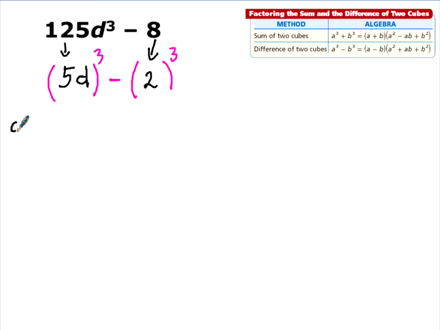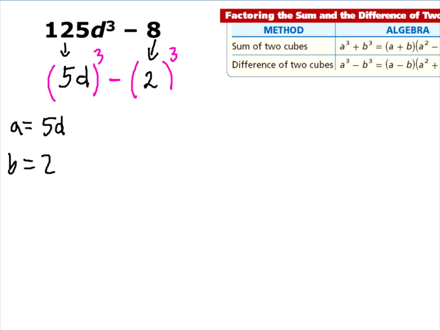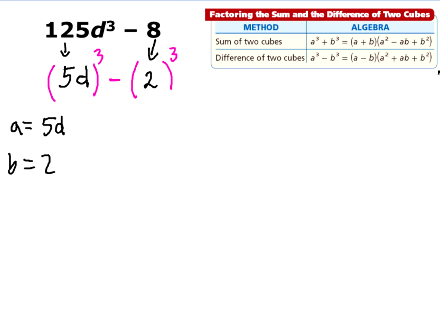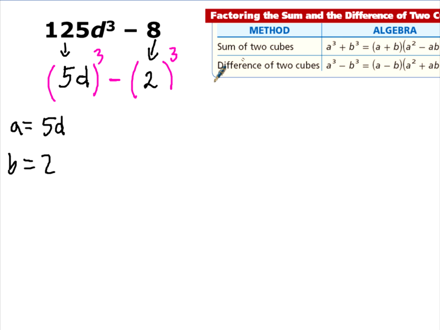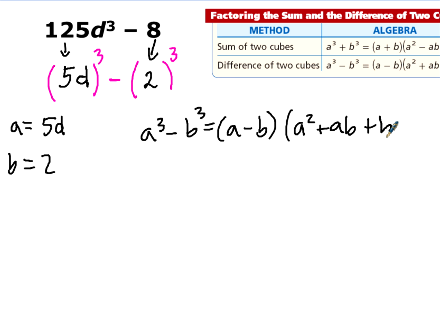So our a equals 5d and our b equals 2. So all we need to do is use the difference of two cubes formula. Let me write it down. So a to the third minus b to the third equals a minus b times a squared plus a times b plus b squared.